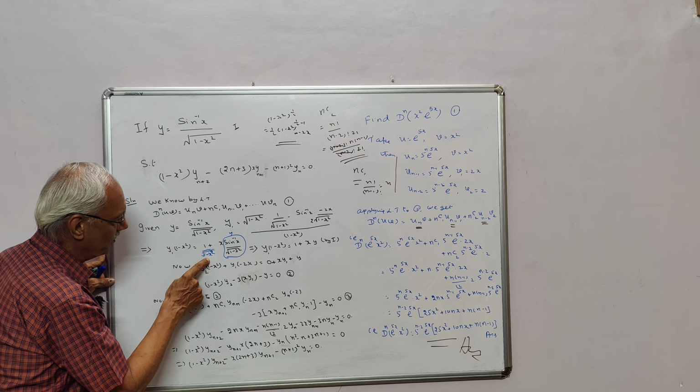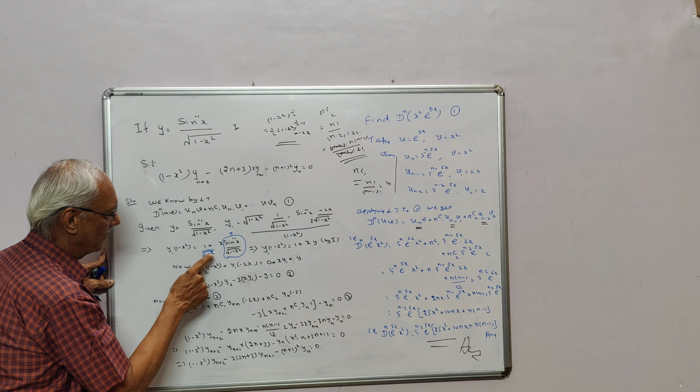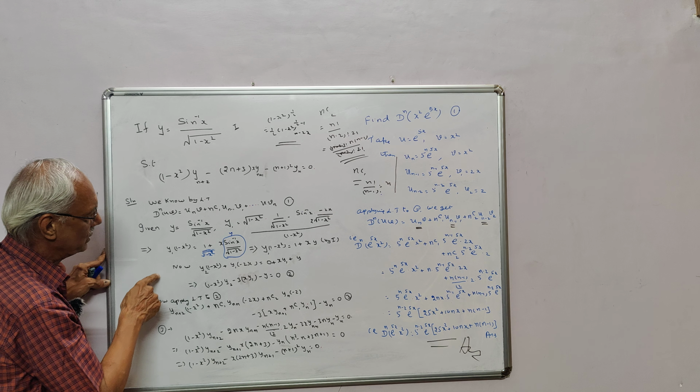So 1 divided by square root of 1 minus x squared, x into this, but this you identify as y. Therefore, cross multiply.